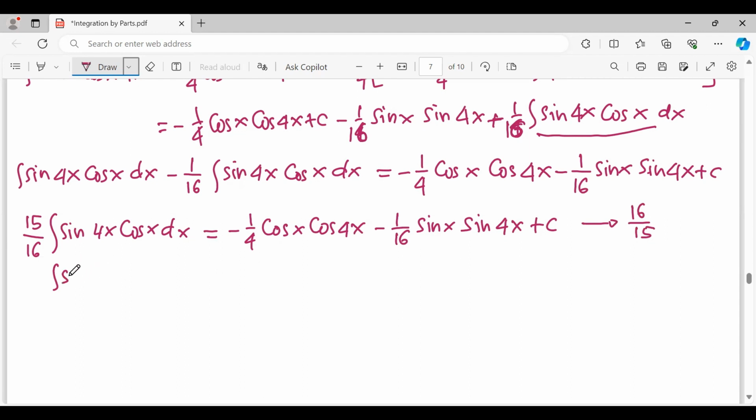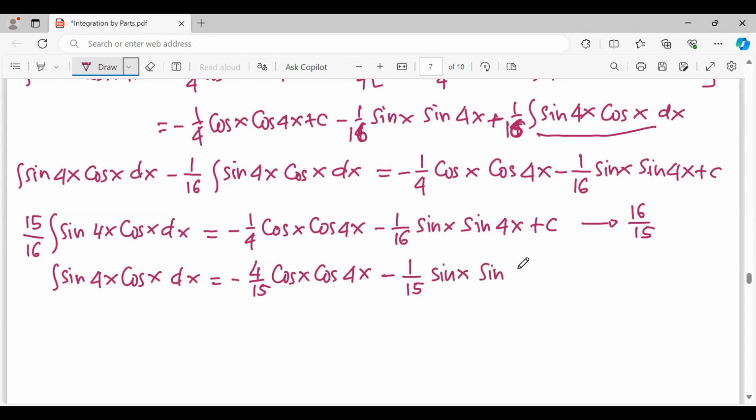This part being the integral of sine 4x cosine x dx, and this part being minus 4 over 15 cosine x cosine 4x, this part being 1 over 15 sine x sine 4x plus c.